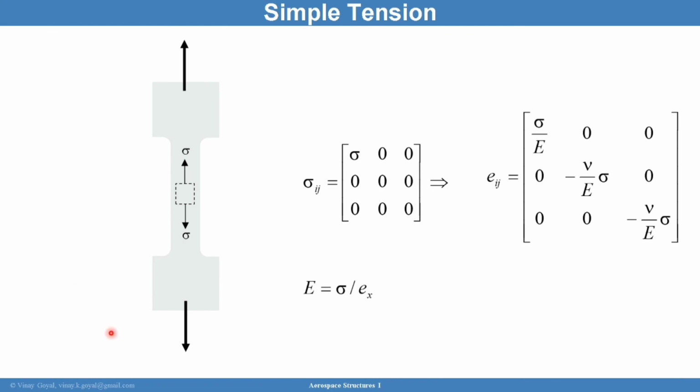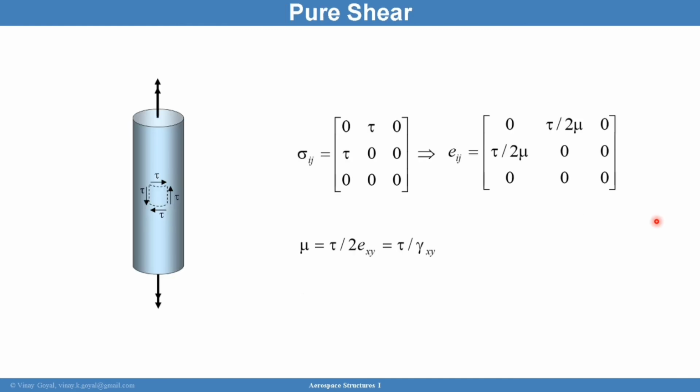Simple tension case, this is the way it looks. You apply a tension load and the remaining items are zero, and basically your strain becomes this. And I already showed you that this is what happens. When you apply a load in the one direction, you get a strain in one direction but contraction in the other directions.